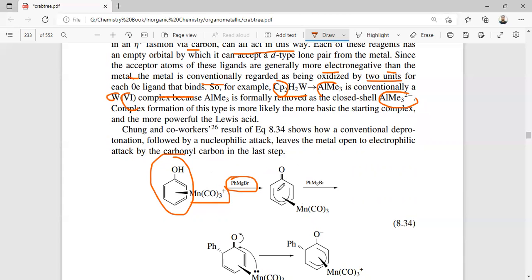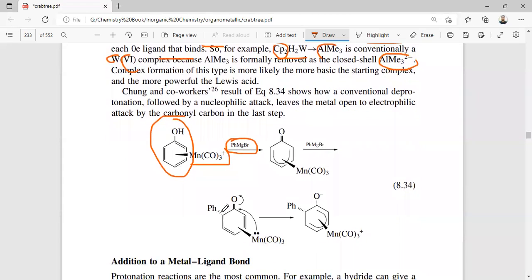Then this intermediate is formed, then this reagent reacts to form this. The phenyl ring reacts here to form this intermediate. Again, the metal complex is formed, and the final product is formed.